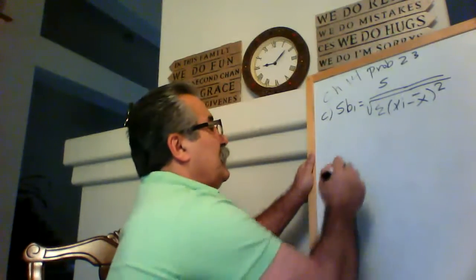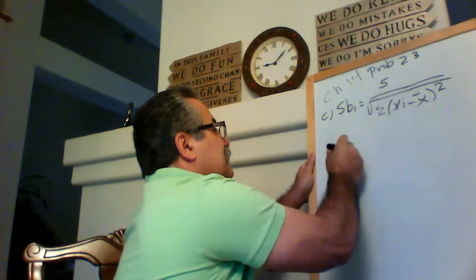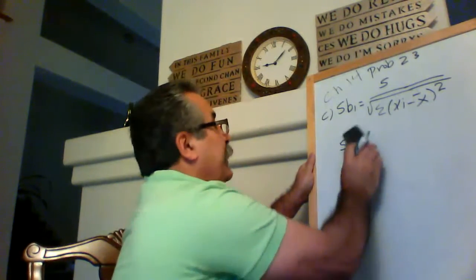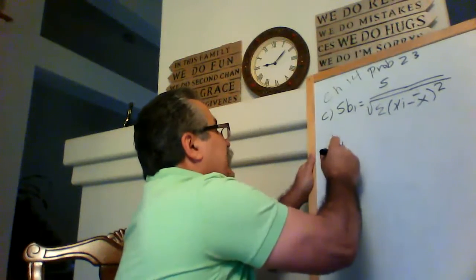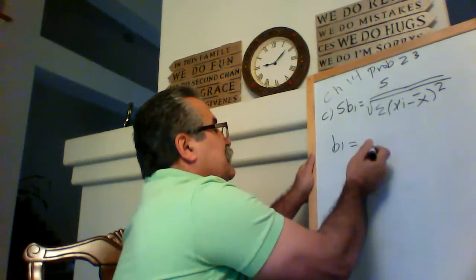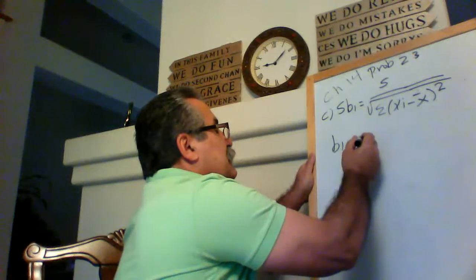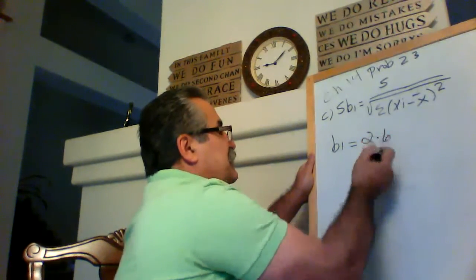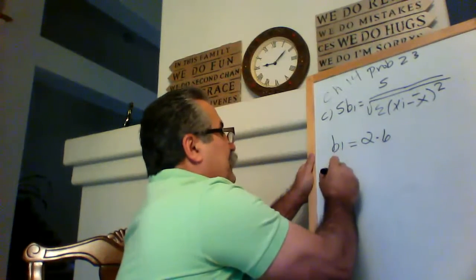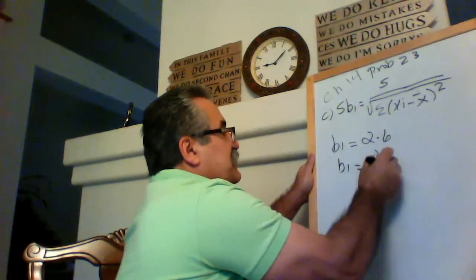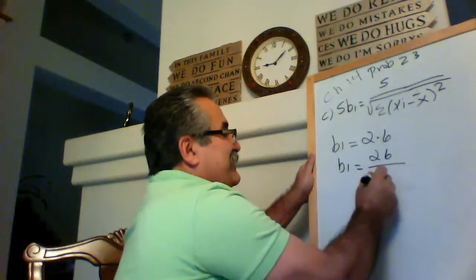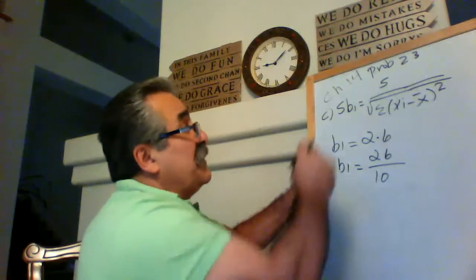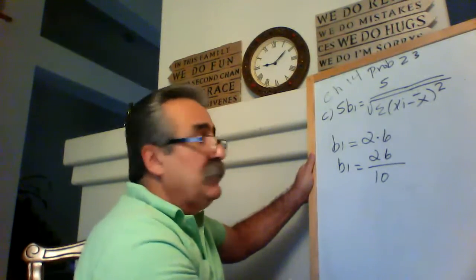If you remember, back in problem number 1, B1 was what? 2.6. And this is how we found that B1: B1 was 26 divided by 10. 10 is the value for the sigma of xi minus x bar squared.